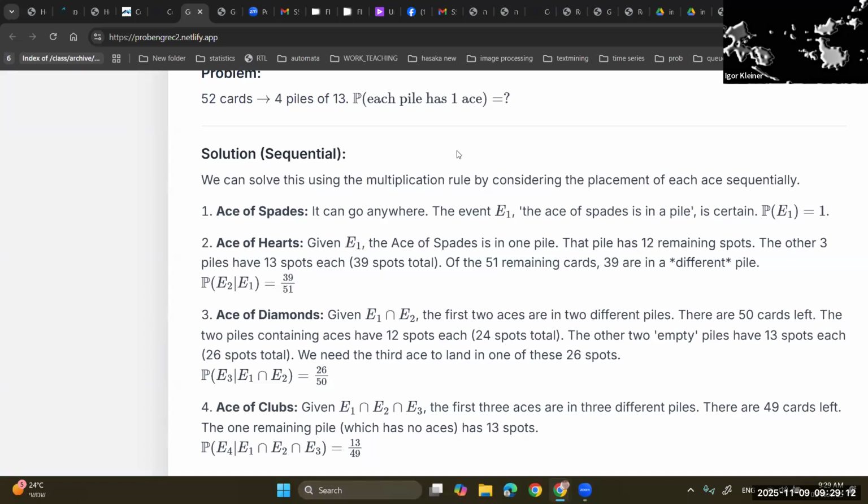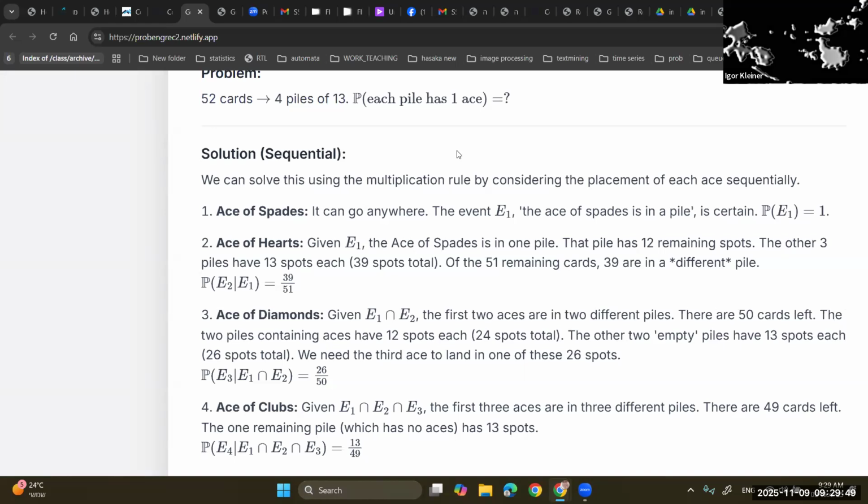The second ace can be in 13, 13, 13 places, out of 51, since one place is busy by the first ace. So this is this term.